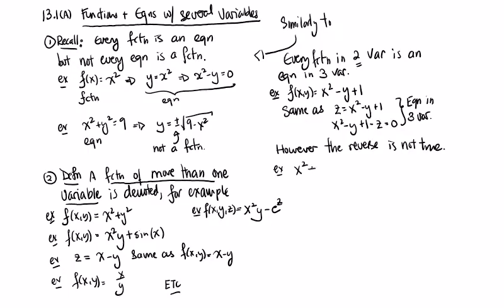A nice simple sphere centered at the origin, something like this, sphere radius 3. Right? If you were to try and solve, say, for z, you have to make a choice. So again, this is not a function.